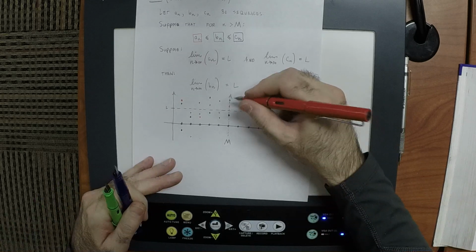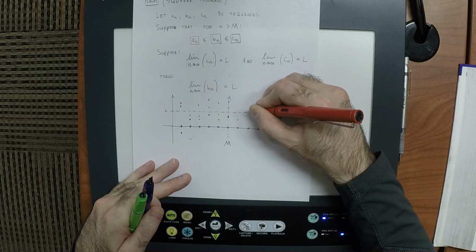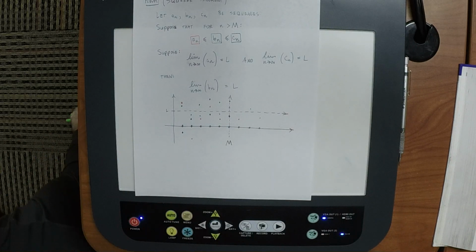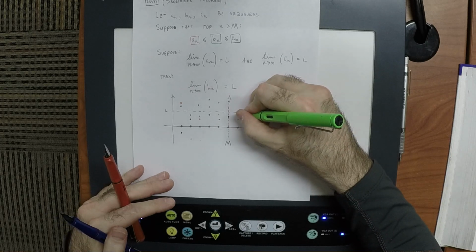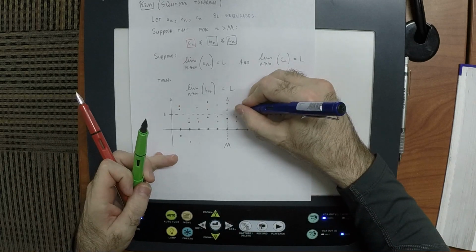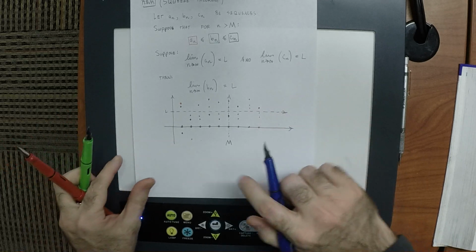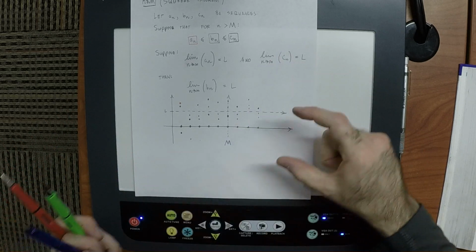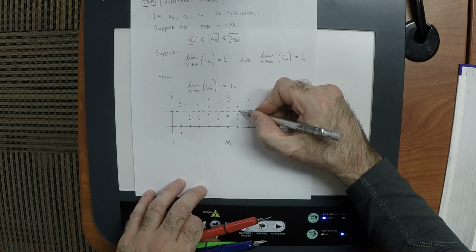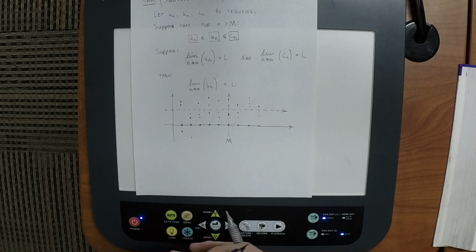So from now on, they're going to be in that order, red, green, blue. In some sense, you can imagine that the blue ones are pushing toward L, and the red ones are pushing toward L. And green has no choice but to be between them, so green is also going to L.